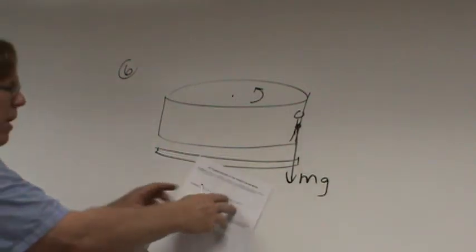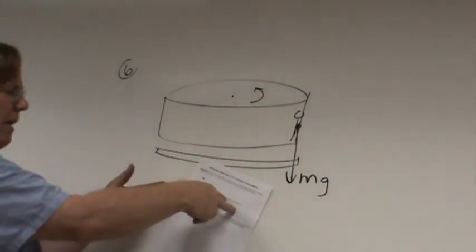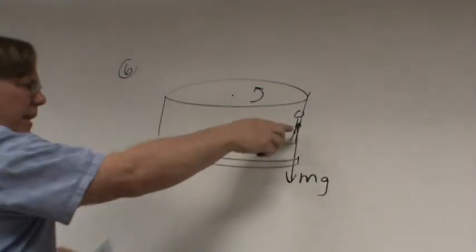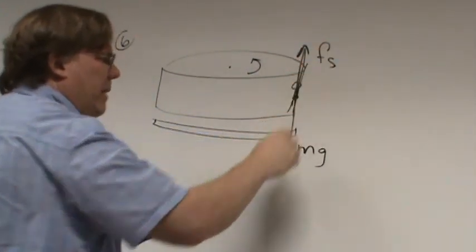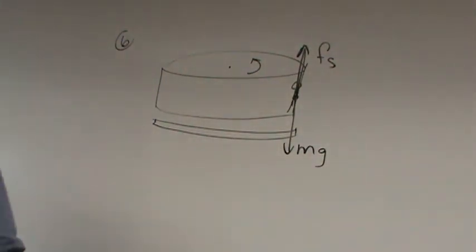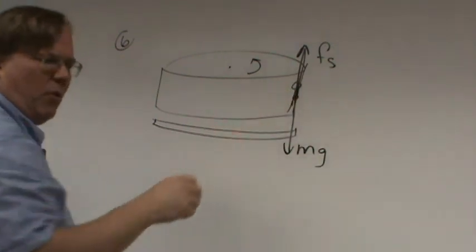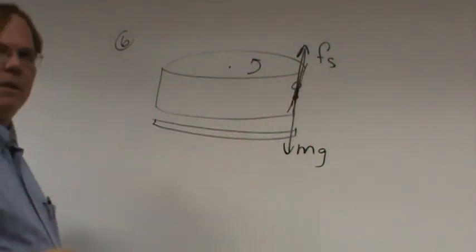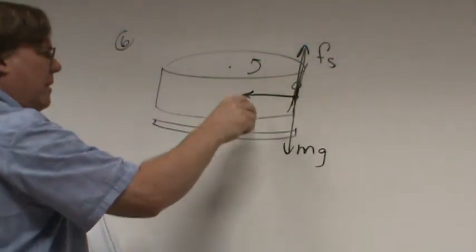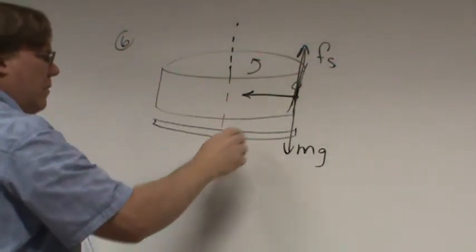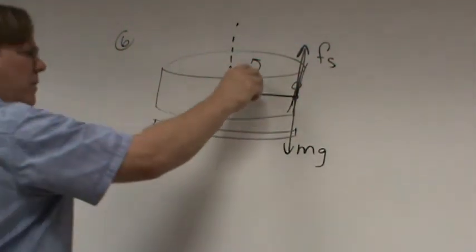The same reason this piece of paper doesn't fall down, because of friction, is the reason this guy doesn't fall down. What's another force acting on this guy? Normal force. What's the direction of normal force? Towards the center, because his body is pressed against the side. Towards the center, and that's the normal force.